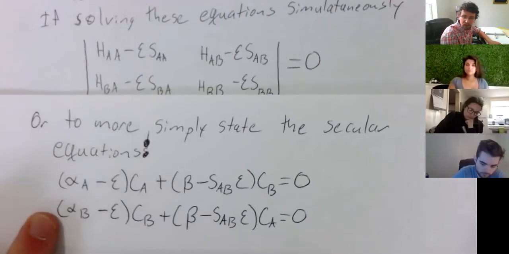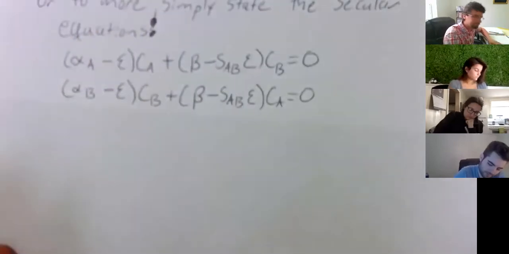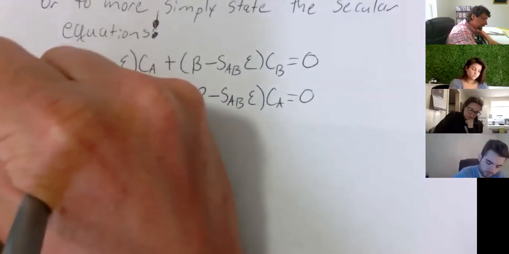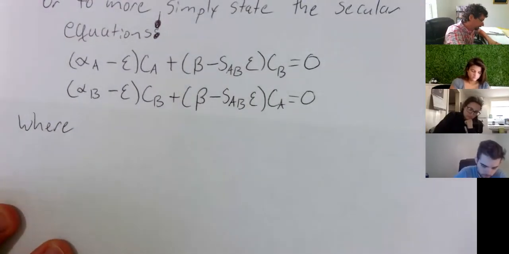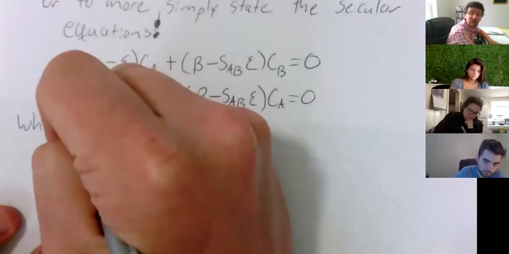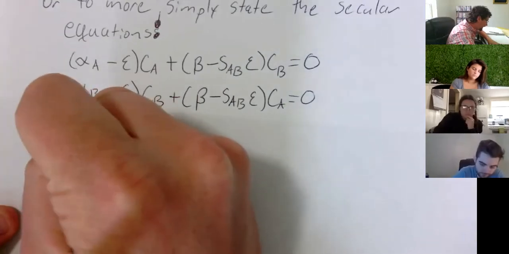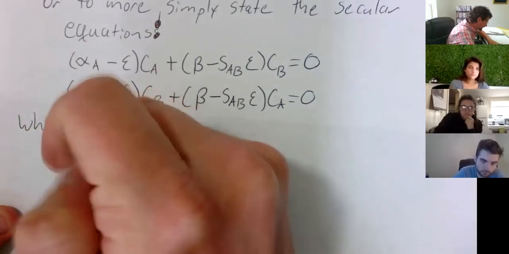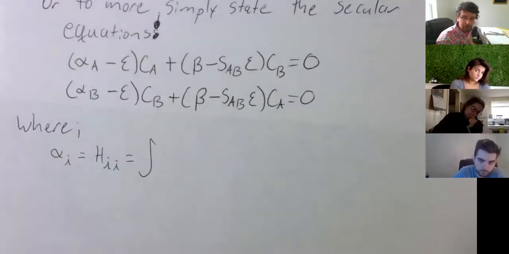Okay, what are these alphas? What are these betas? This is the way your book expresses these. Notation, there we go, that's the word I was searching for. So where alpha I is equal to HII. And what did we say HII was again?